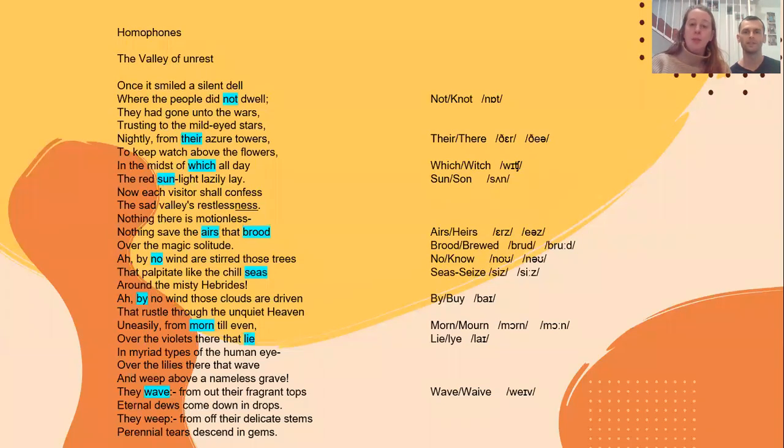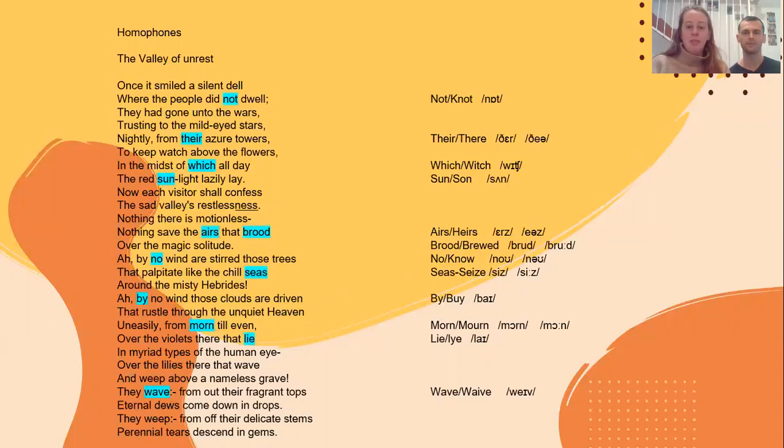On the right column, we have the phonetic transcription for these homophones. And when we see the phonetic transcription, we can find that there are two possible transcriptions. Each one of these transcriptions corresponds to either an American or a British variety of English.